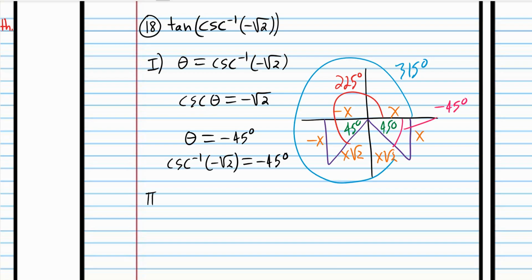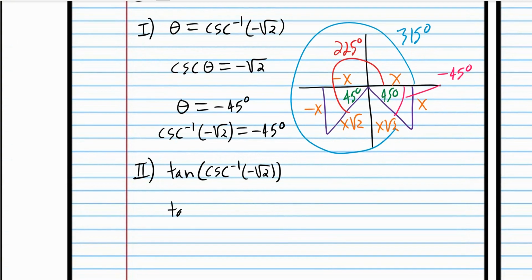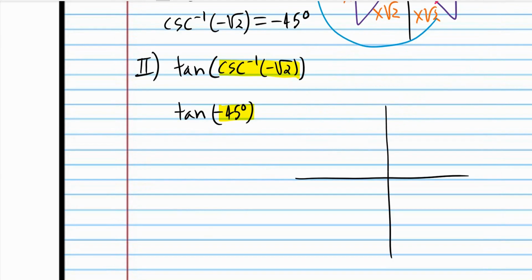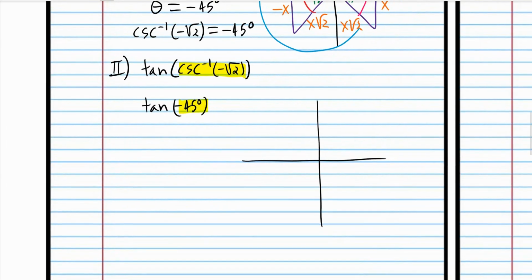So now we're going on to part 2. We're going to find tangent of cosecant inverse of -√2. Now we just found the inner part is -45 degrees, and so if it's a negative angle, then we're going to rotate in the clockwise direction, and our reference angle is 45 degrees.